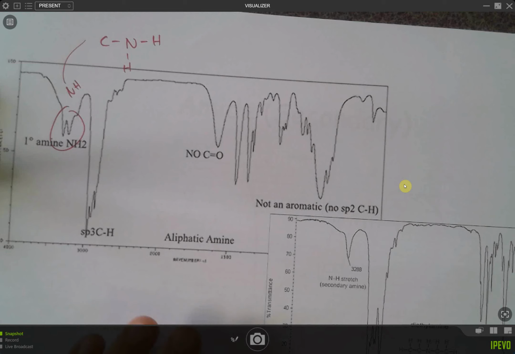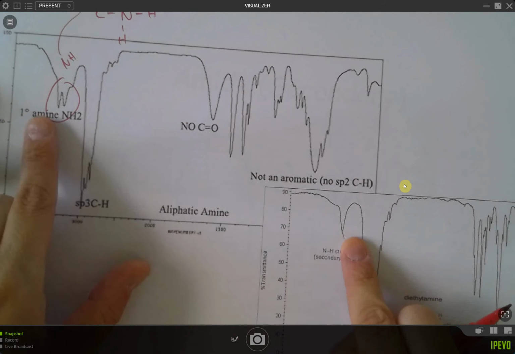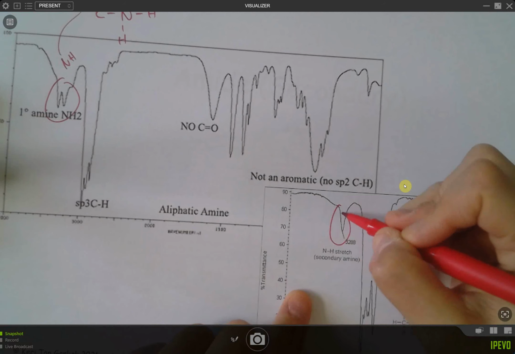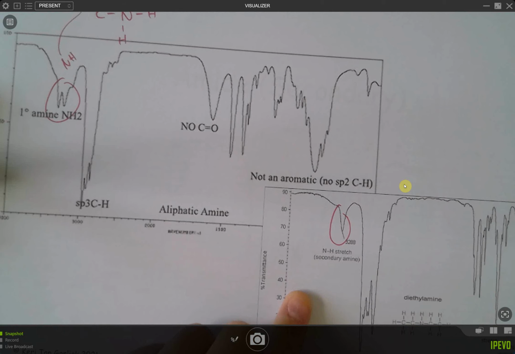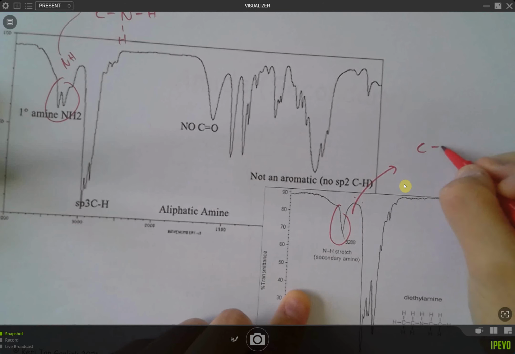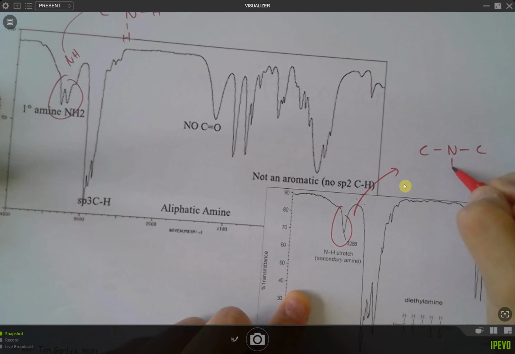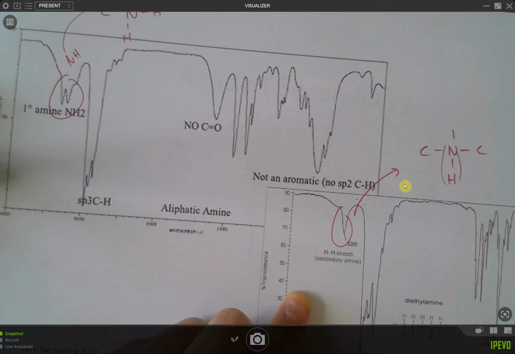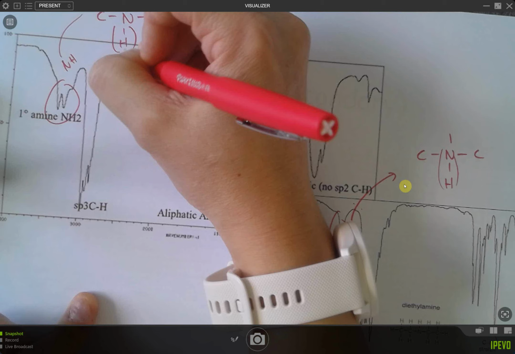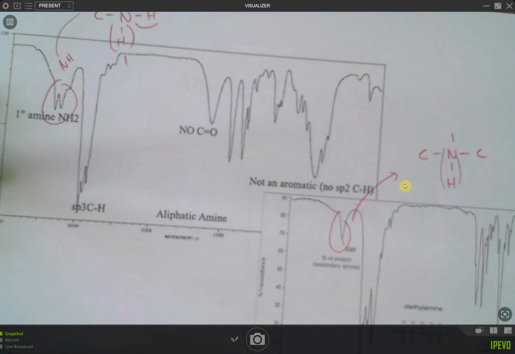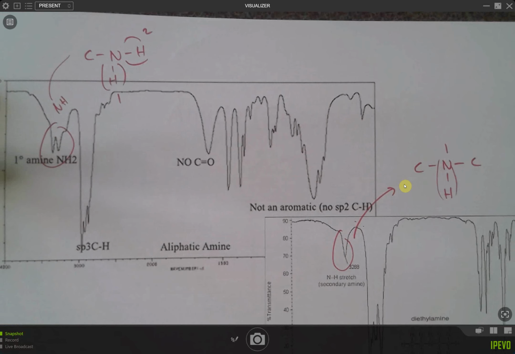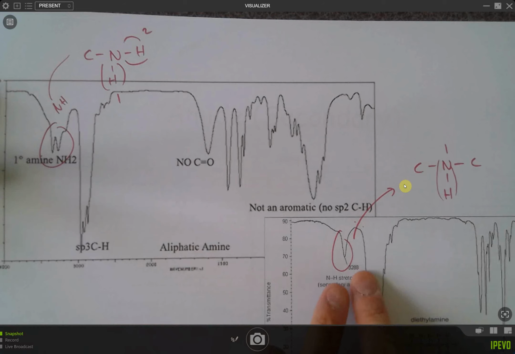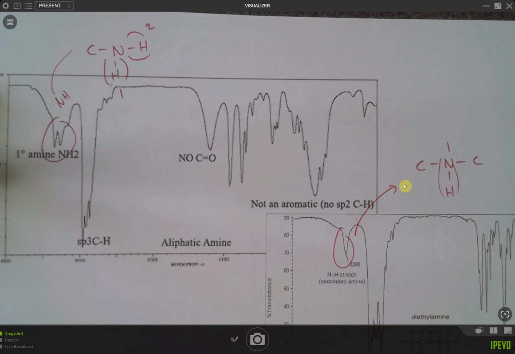If you had a secondary, you'd have it in the same location, but it would just be the one peak. So if I was to draw that out, I would have carbon, nitrogen, carbon, hydrogen. So that's one, whereas this has one, two. So double peak, single peak. It's going to look really tiny.